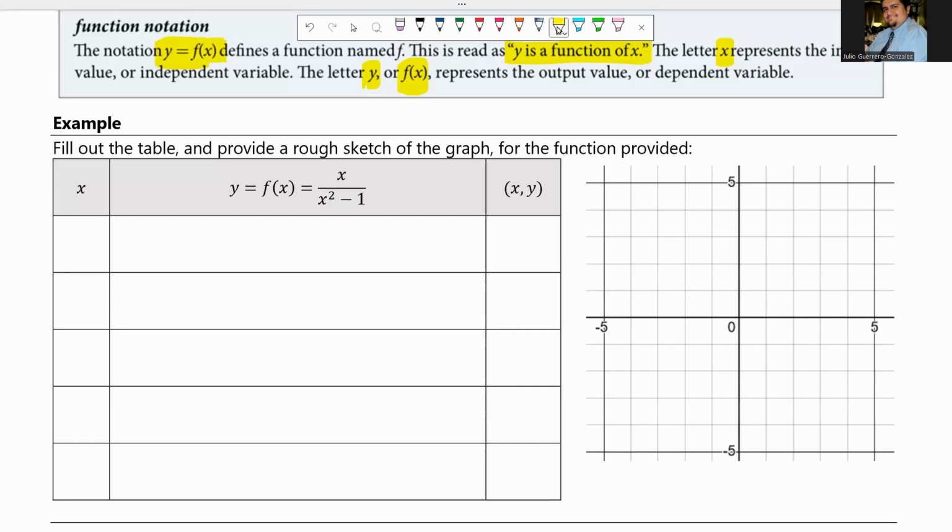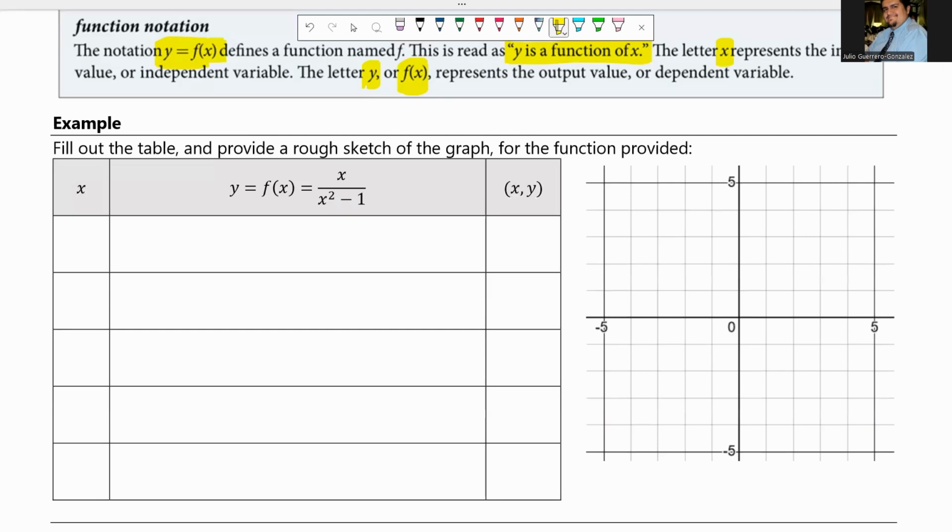So I'm going to collapse a bunch of theory here and show you how the function notation works out, at least numerically. What this is going to produce is a set of x and y coordinates that can go on a graph, and we can then have a graphical representation of our function.